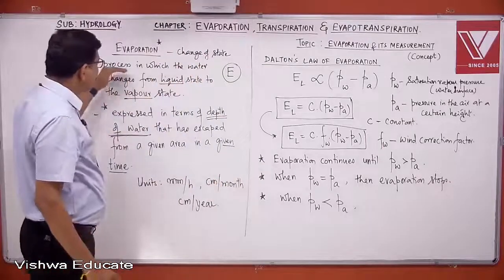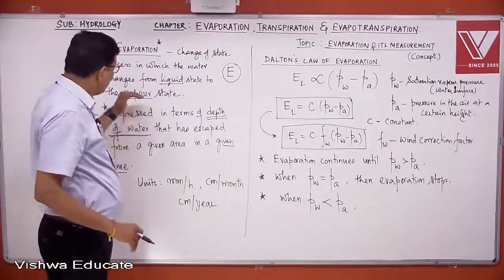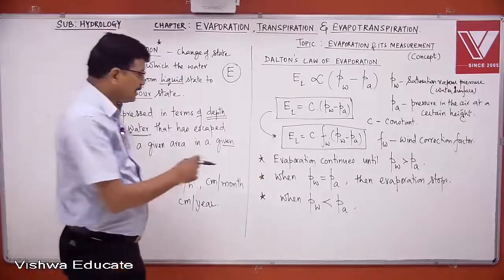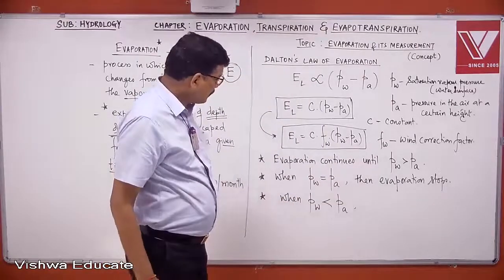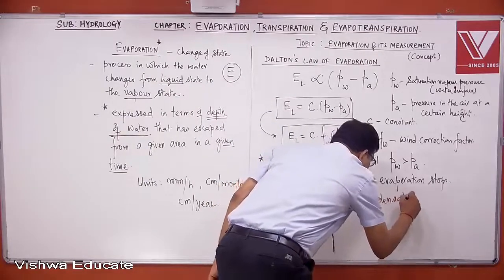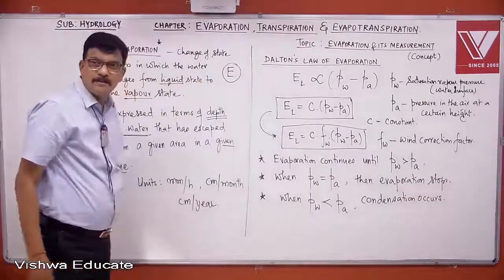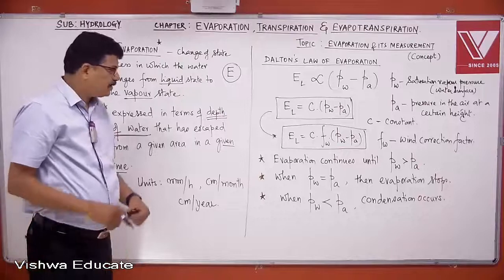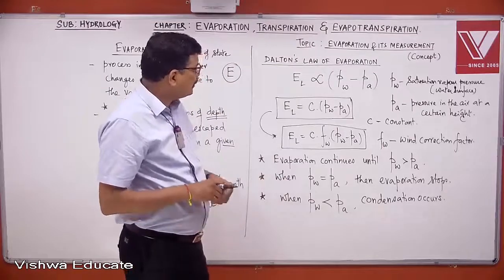Evaporation is from liquid to vapor, so the reverse of negative evaporation is from vapor to liquid. Vapor to liquid is condensation. So we can write here, when Pw is less than Pa, condensation occurs. Condensation will occur. This is the observation that you can make from Dalton's law.